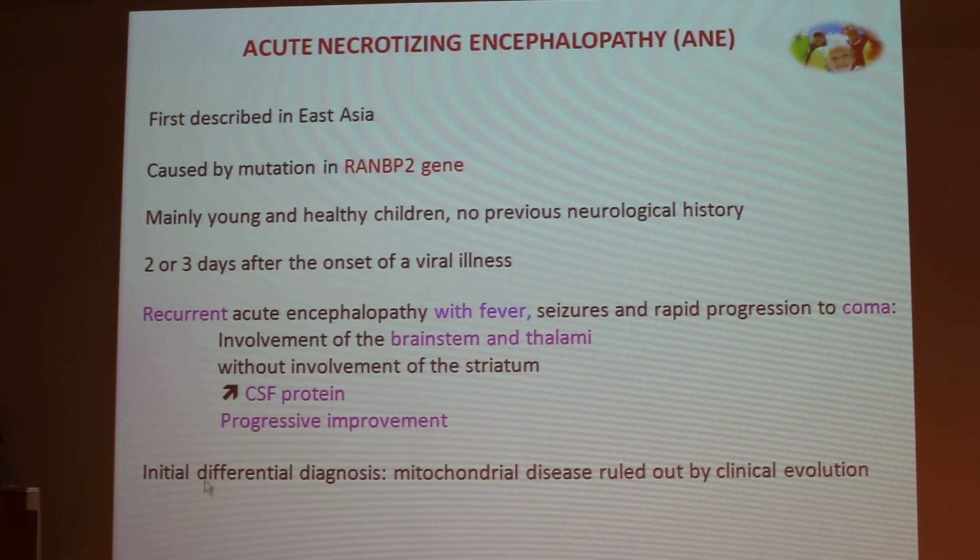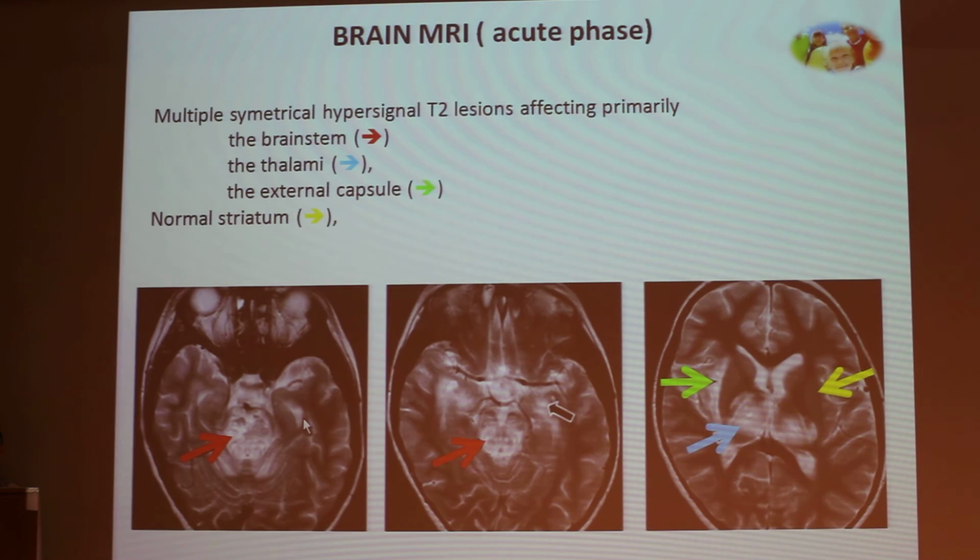Initial differential diagnosis was a mitochondrial disease, ruled out by the clinical evolution because of the progressive improvement. So you see the same radiological sign every time, multiple symmetrical hypersignal T2 on the brainstem, on the hippocampus, on the thalamic structure, and on the external capsule.